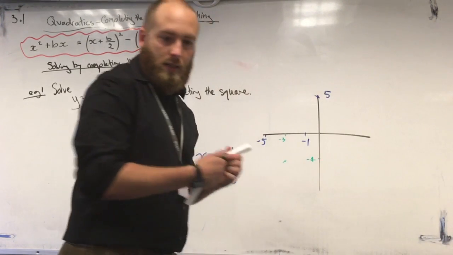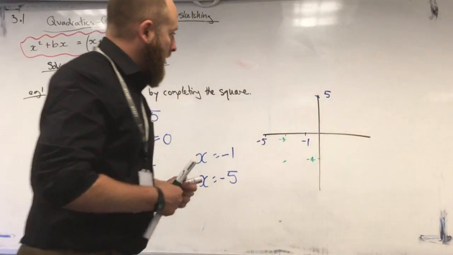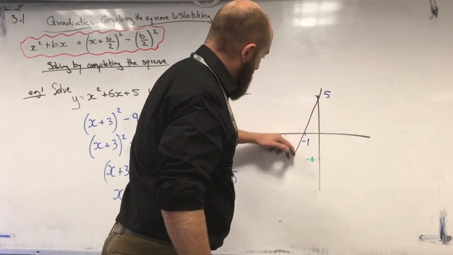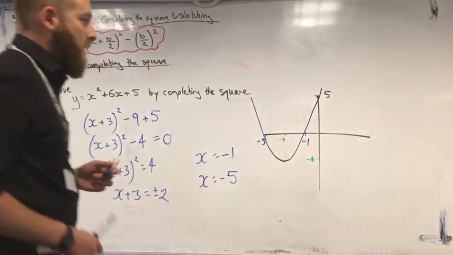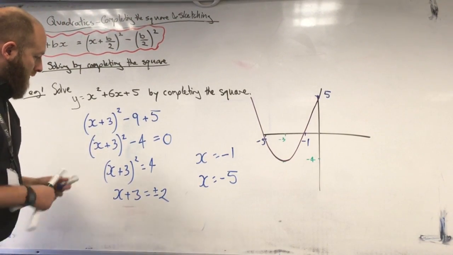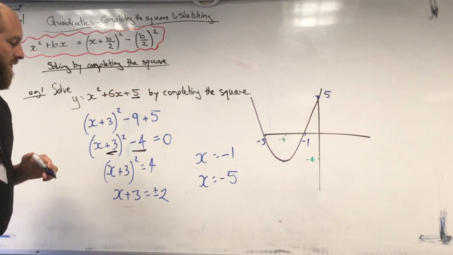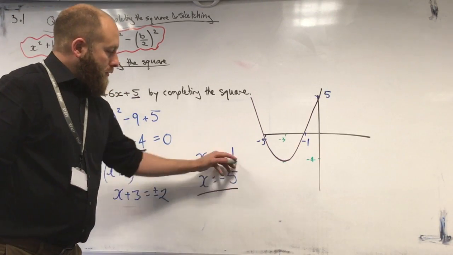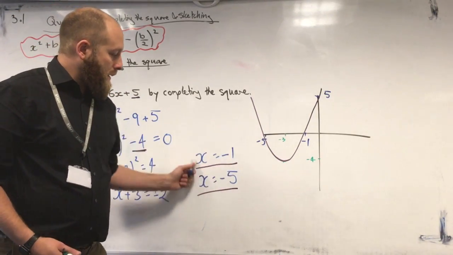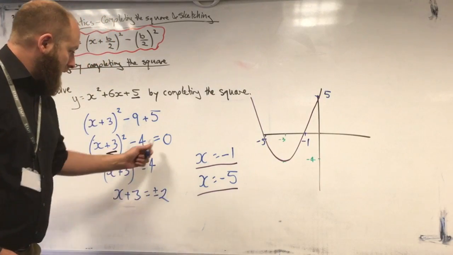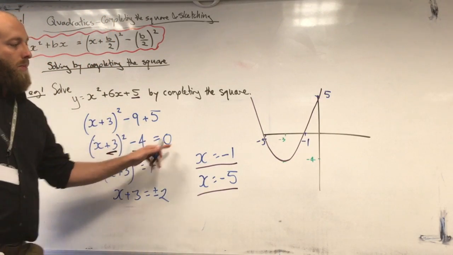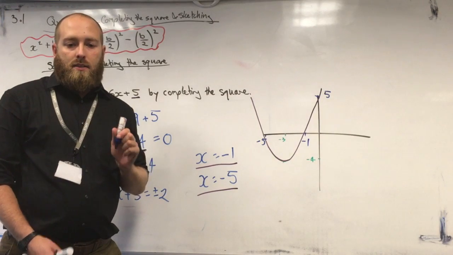So our quadratic will look something like this. So minimum point given by these coordinates, y-intercept given by the 5, and our roots, solutions, or x-intercepts given by solving this equals 0. Remember, y equals 0 when we cross the x-axis.